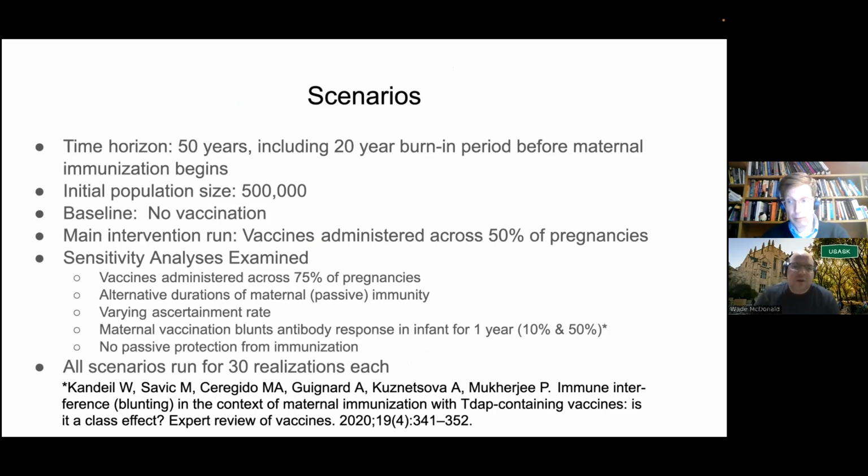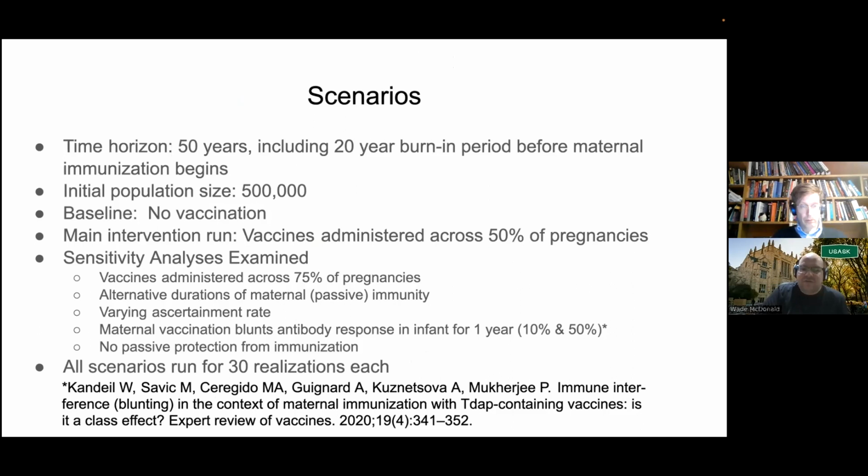Scenarios run in the model were run for a time horizon of 50 years with a 20-year burn-in or warm-up period before maternal immunization began. The initial population was 500,000, but with births and deaths endogenous to the model, it would grow or shrink and not remain at exactly that value, sometimes called an open population. The baseline was with no vaccination.